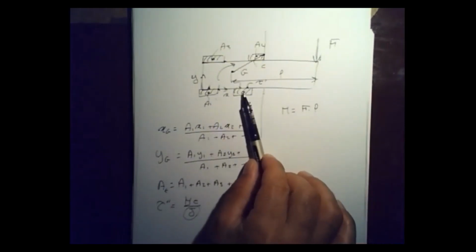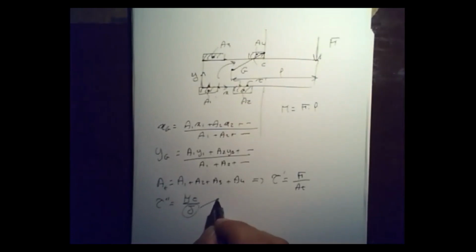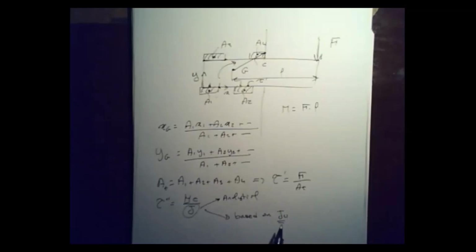And this cross section obviously is made of different elements, and I'm trying to get the J. So there are two ways of getting J. One way is what I'm going to show you right now, analytical. The other way is based on a table, where you basically calculate based on JU, and JU is going to be looked up from a table.